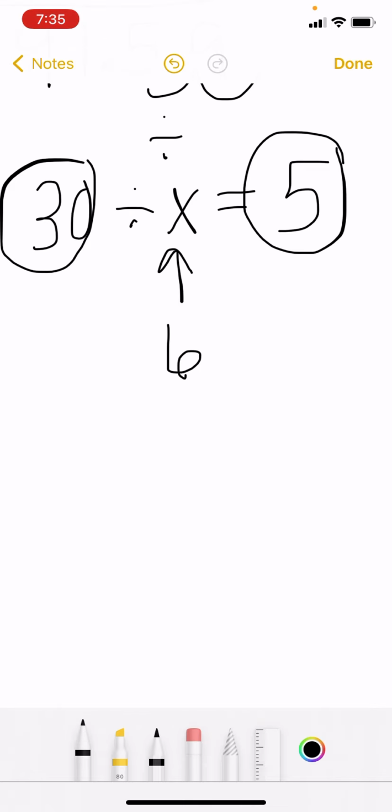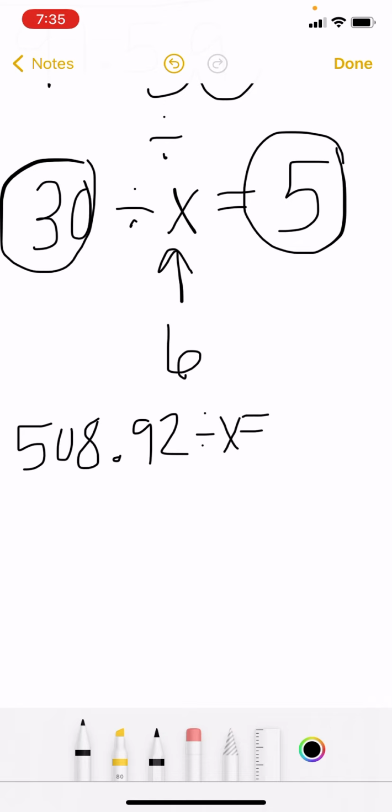Let's look at one that applies to decimals: 508.92 divided by x equals 1.2. Okay, so in this example, we are missing our divisor. So what are we going to do with our two numbers? We're going to divide.